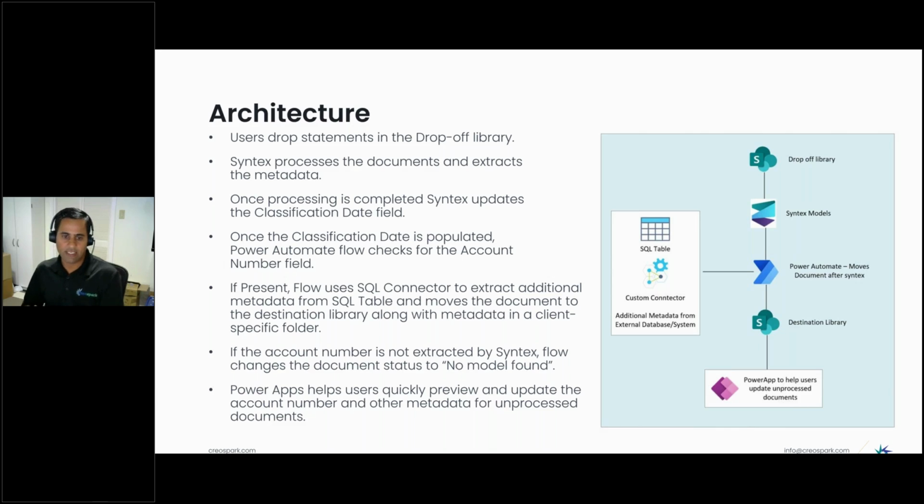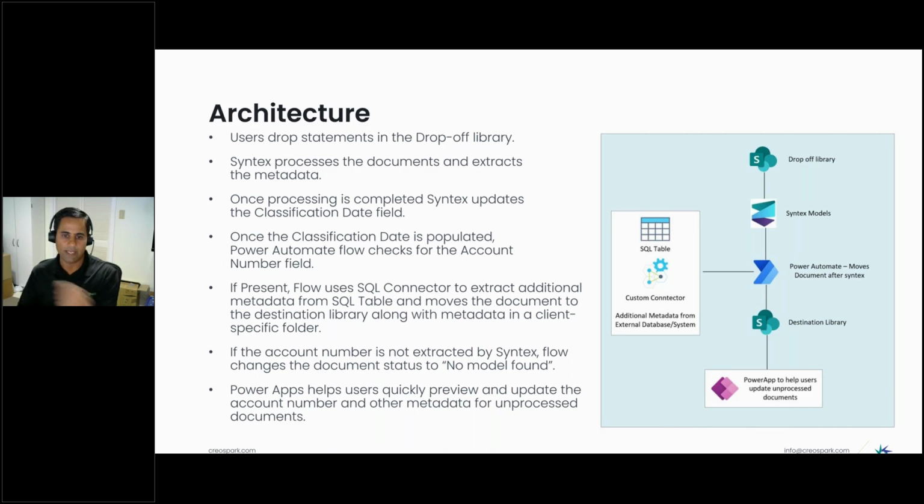So then what we did is we created a nice Power App for the user. When they open this Power App, they will see all these non-processed documents, with a preview on the left-hand side, and on the right-hand side the metadata that they need to fill in, such as account number and statement month and date. On the right-hand side, they will see what account number it belongs to.